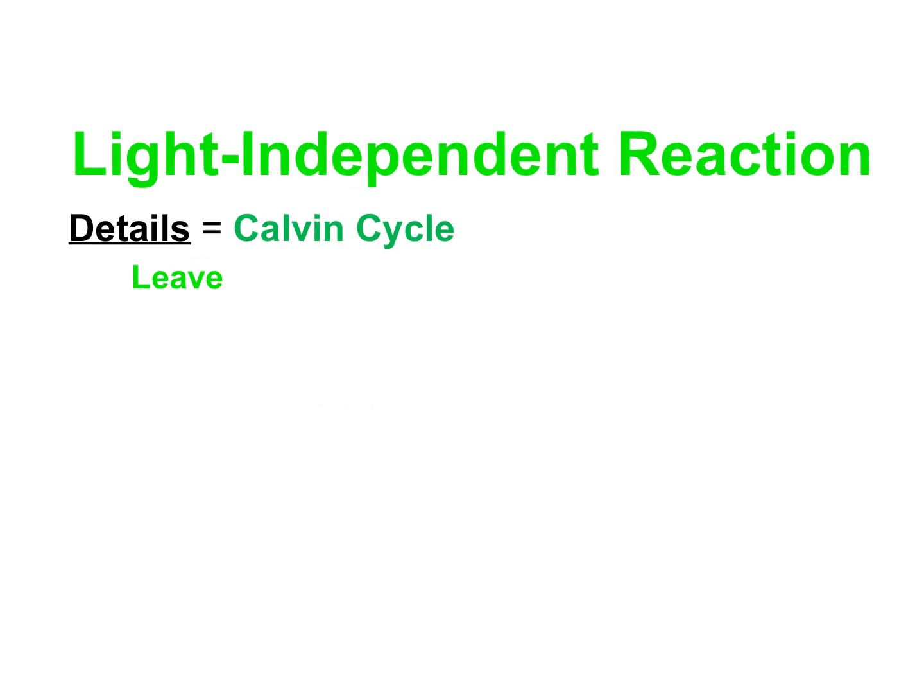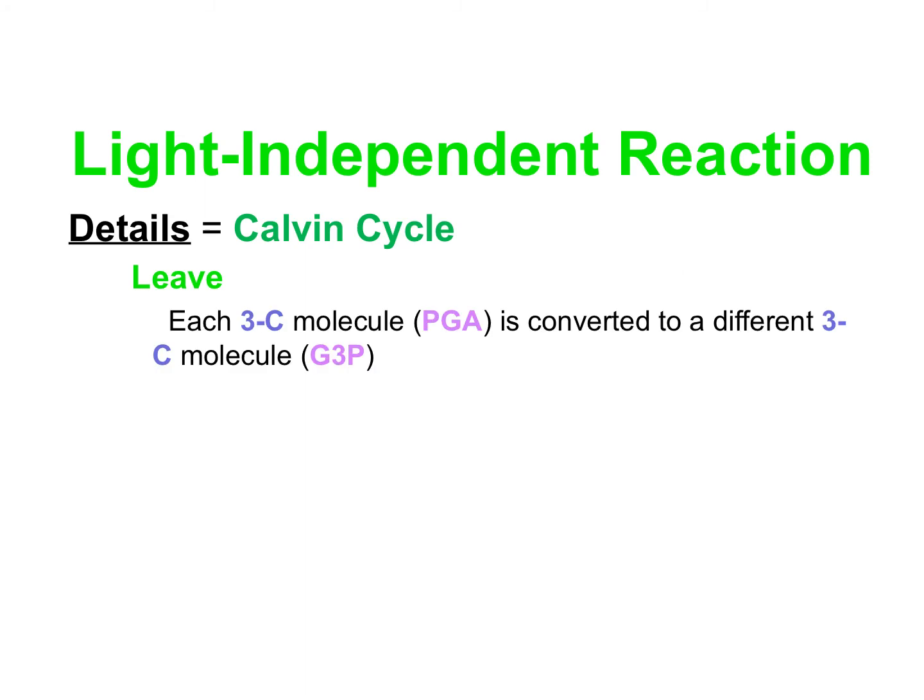The third phase of the Calvin cycle we call the leave step. We call it leave because our 3 carbon molecule of PGA is going to be converted into a different 3 carbon molecule known as G3P. And again, abbreviating because it is actually glyceraldehyde 3-phosphate. So just knowing it as G3P is fine by me.